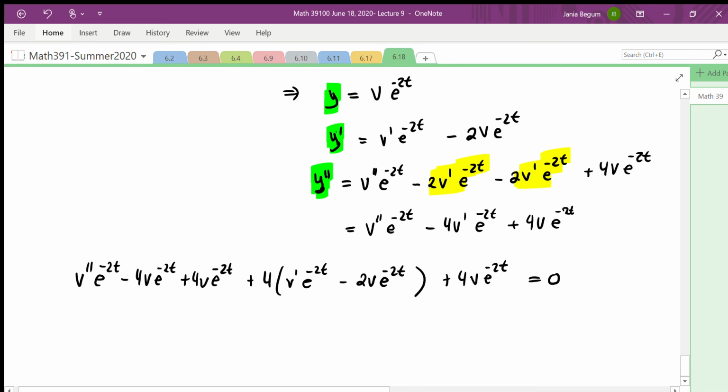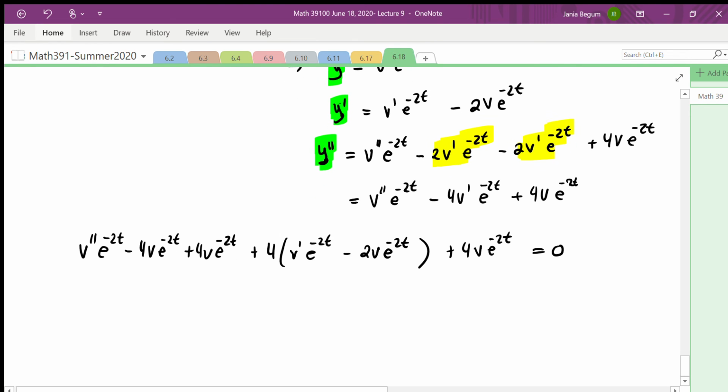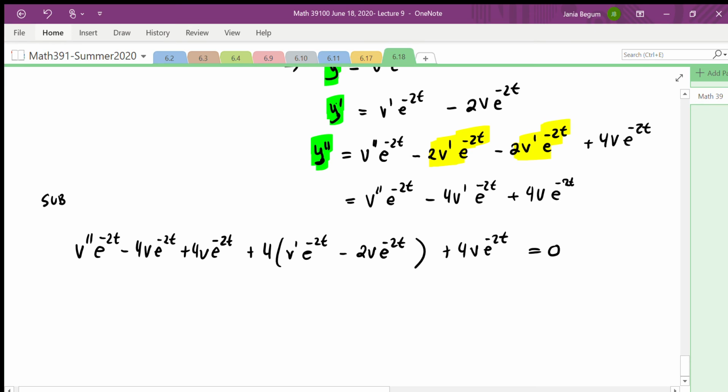Now we just simplify this and hopefully we get something nice. What I did was substitute y double prime, y prime, and y into the original equation, and that's how I got this part. Now I'm going to try to simplify. If you look closely at this equation, I have 4v prime, so it looks like I made a typo.